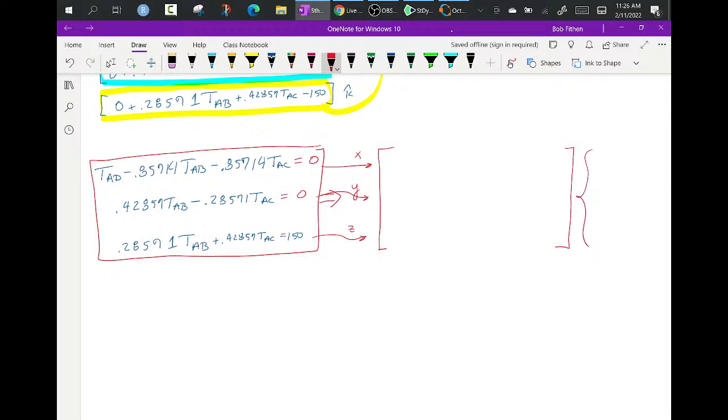And then I'll have, it doesn't matter the sequence you list down here, but you've got to keep up with it. I'll list TAD, and TAC. So technically, this needs to be the column, TAD and TAC.